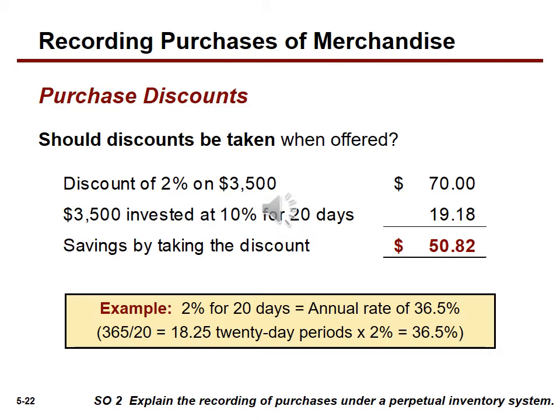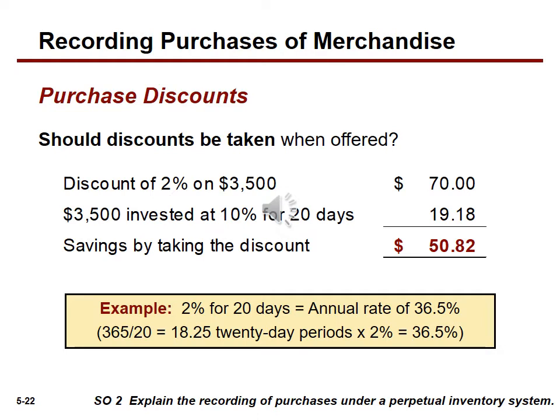discount. Another way to do this is to decide how much this 2% discount in 20 days represents as an annual rate. And the way we can do this is we take the 2% and divide it by the 20 days and then multiply it by 365.